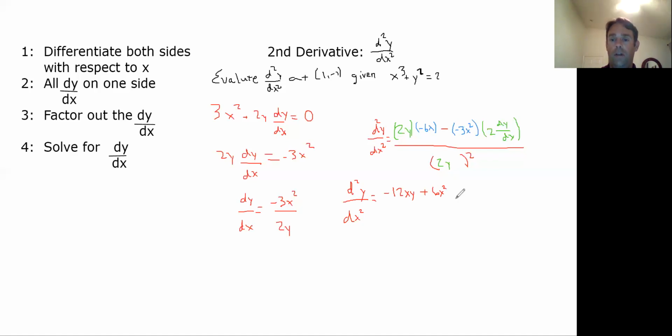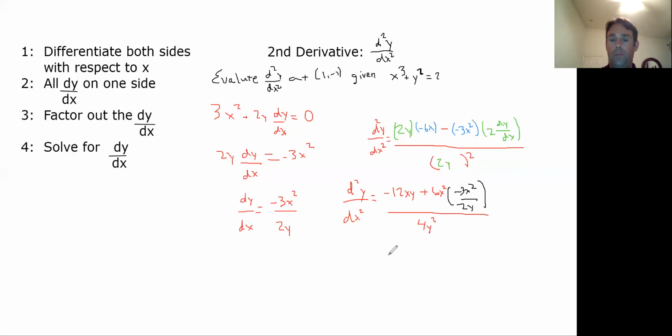And then we have the dy/dx that's got to come in here. Negative 3x squared dy/dx. All over 4y squared.